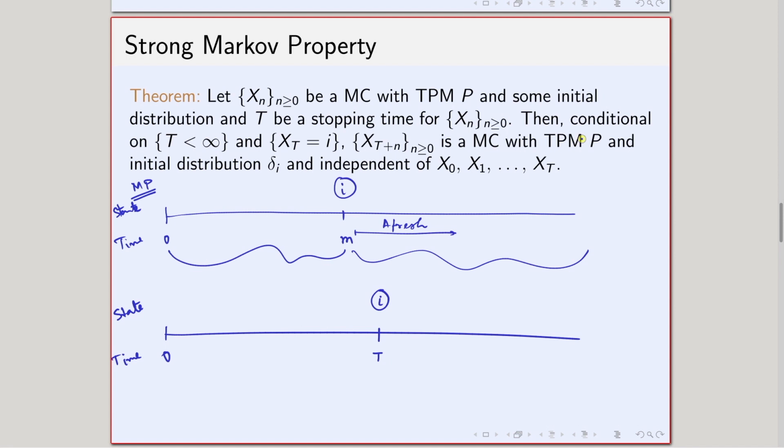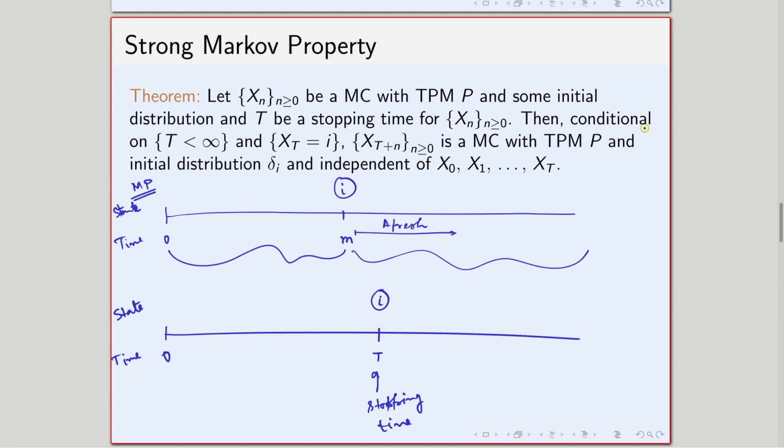It says, if Xn is a Markov chain with transition probability matrix P and some initial distribution, it does not matter what the initial distribution is, and T is a stopping time for the Markov chain. So this T is a stopping time, of course, for this particular Markov chain.